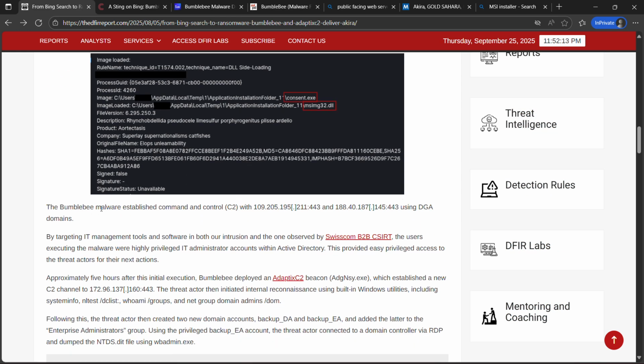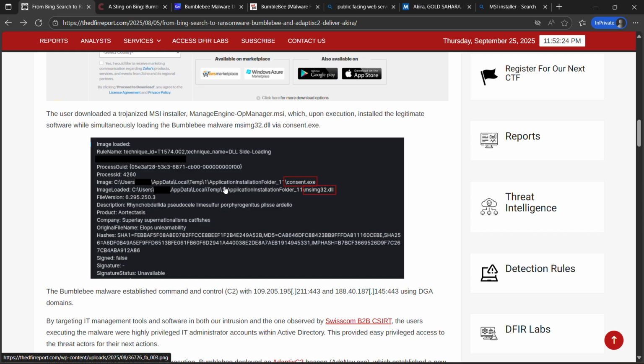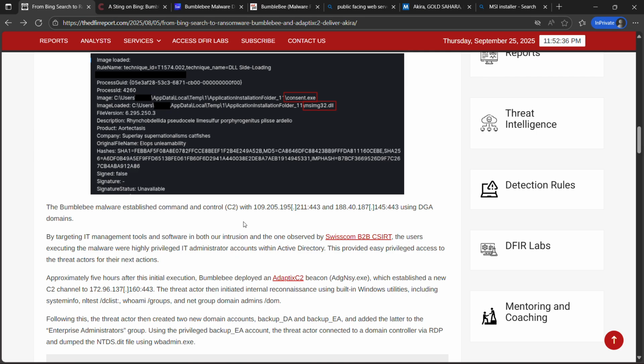The Bumblebee malware established command and control with, what is this IP address? Let's take a look at the picture again. It's not present. This is the hash. Very suspicious. This IP address, what is that?